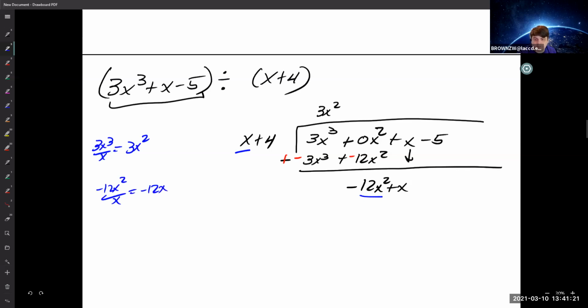So that would give us negative 12x. And then we're going to distribute that in. So that would give me negative 12x times x is negative 12x squared. And negative 12 times 4 would give me negative 48x.